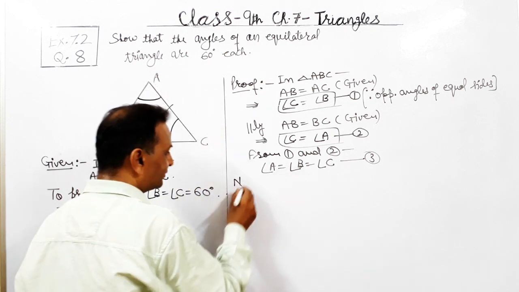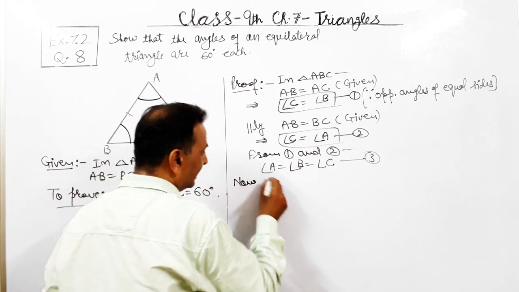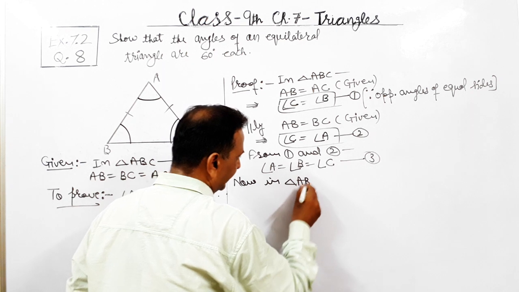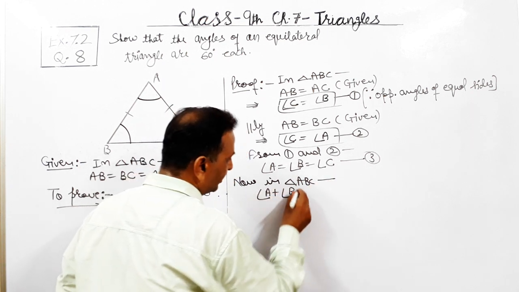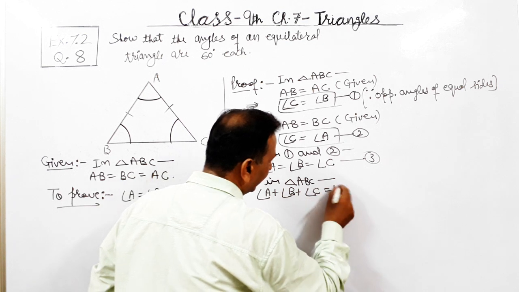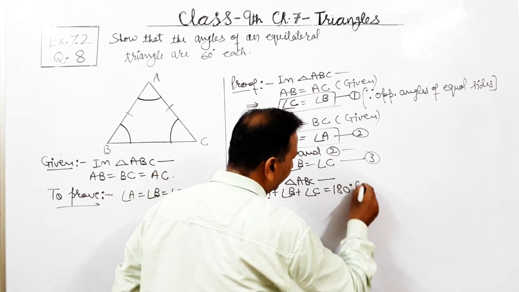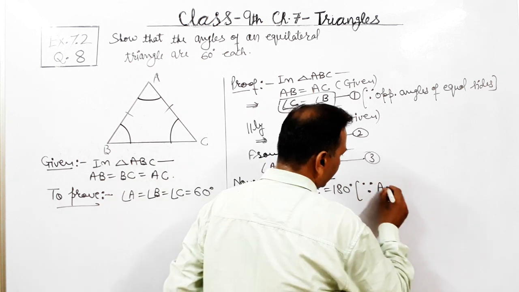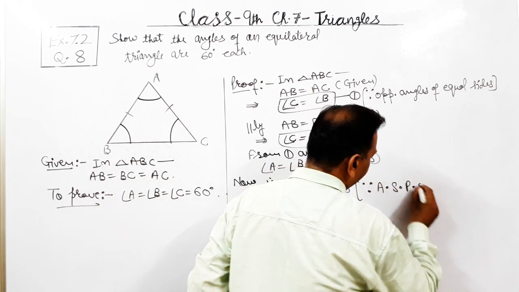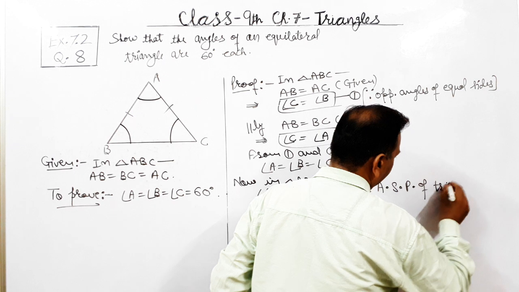So now, in this triangle ABC, we can write down angle A plus angle B plus angle C equals 180 degrees, because, mention the reason, that is angle sum property of triangle.